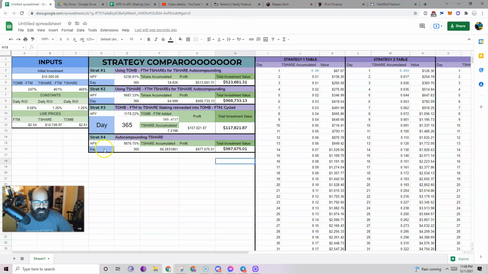So we have number 1 at almost 10,000%, number 2 at 9,600%, and then number 3 at a modest 5,200%, and then the last one with 1,178%.